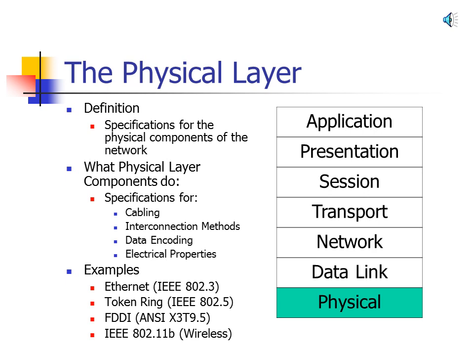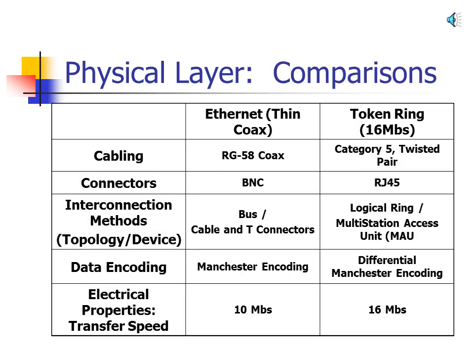It just says that if you want to be a physical layer specification, you have to specify a type of cabling. You have to specify interconnection methods. You have to specify data encoding electrical properties. And since all these different protocols or specifications specify these same things, they are considered physical layer specifications or physical layer protocols.